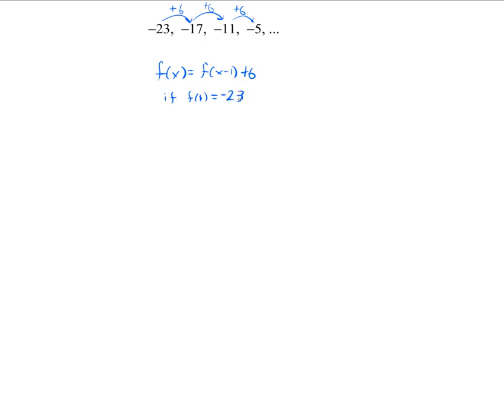Okay. Once again, if I was doing that with the a sub n notation, it would look like this. A sub n is equal to a sub n minus 1, all adding to that 6. And that's if a sub 1 is equal to negative 23.